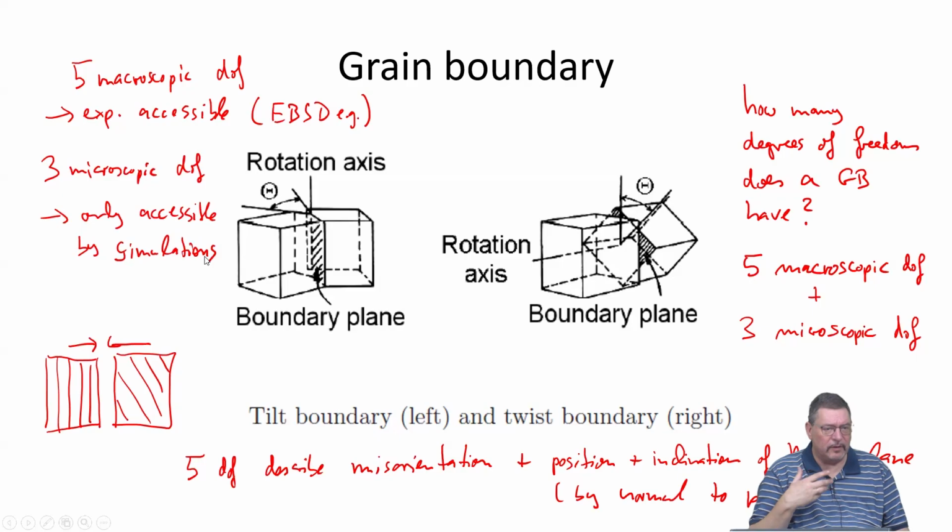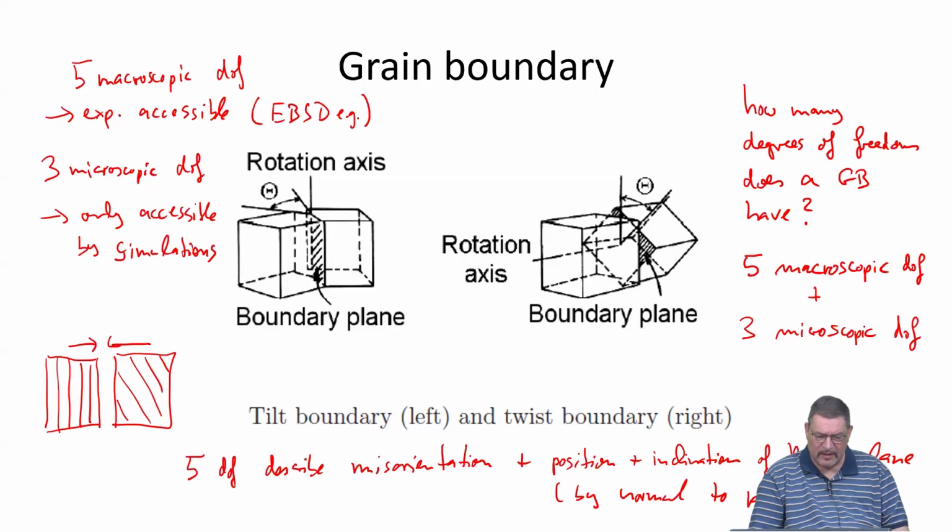So this local shuffling, the local relaxations are really atom by atom type of processes, and we cannot have an experimental view on these processes. And also we cannot control it. Nature does it according to the 5 degrees of freedom and the local misfit, local distribution of excess volume, and so on.